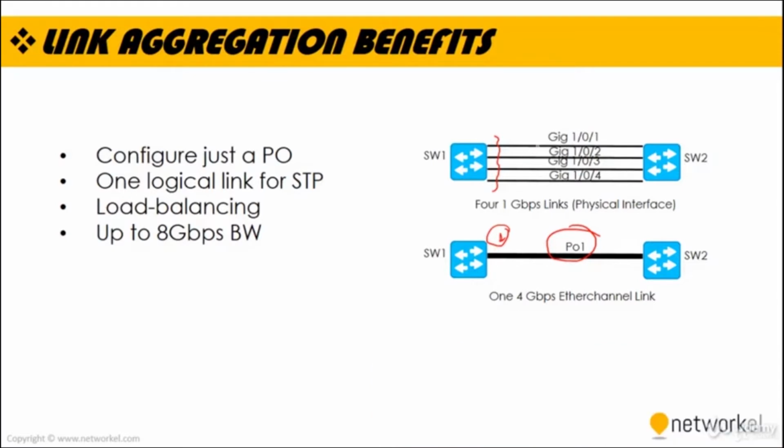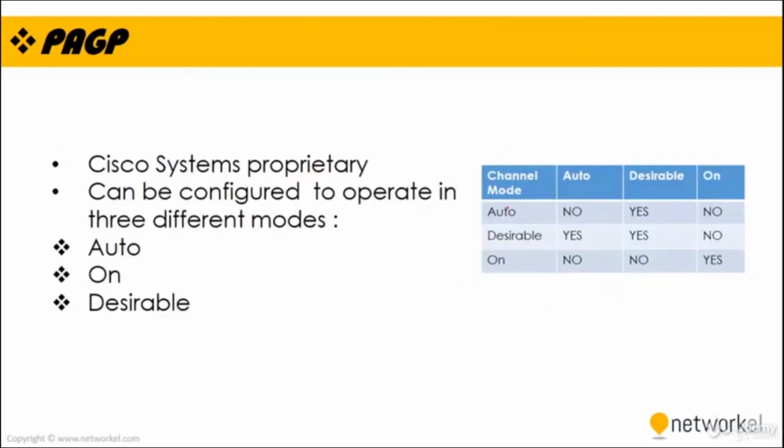For example, if the gig 1/0/1 link is down, STP recalculation is not made again. Third, we can do load balancing between separate links, and lastly, we can provide higher bandwidth up to 8 gigabit per second. We are using 2 main protocols while creating EtherChannel, and they are PAgP and LACP.